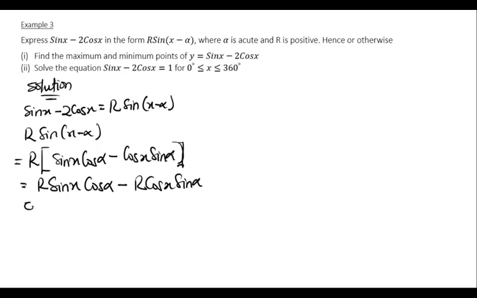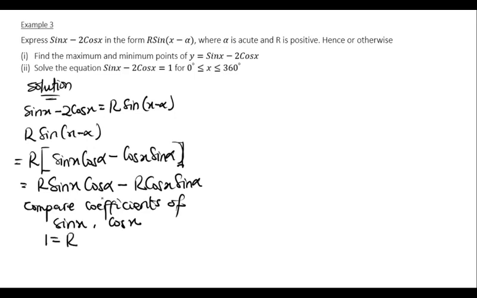So from here we compare coefficients of what we have in the equations over here, that is sine x and then cos x. So for the sine x, the coefficient is 1, so we have 1 is equal to r cos alpha.